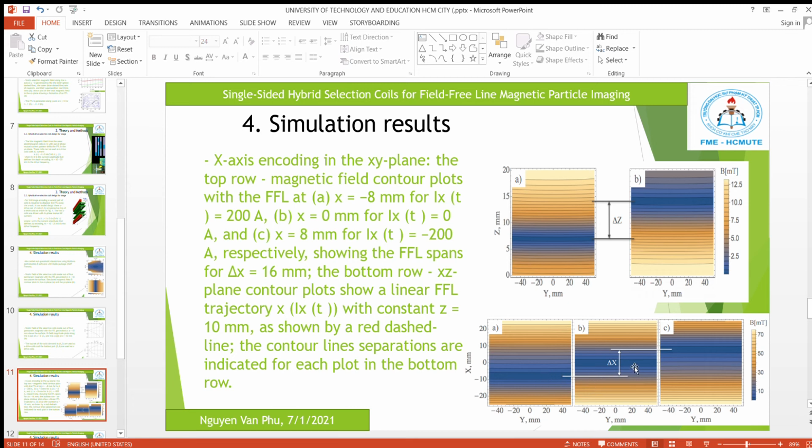The contour line separations are adjusted for each plot in the bottom row.